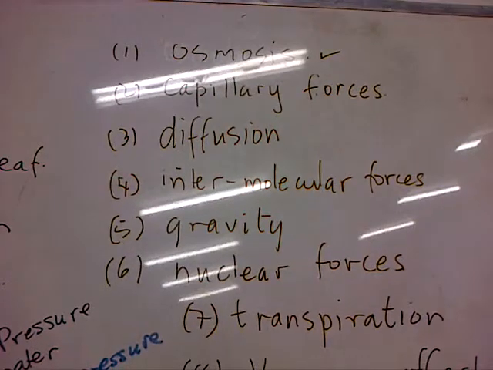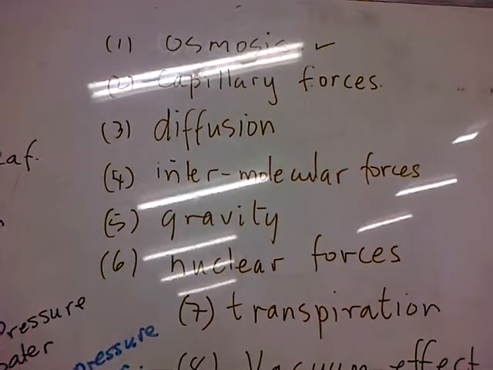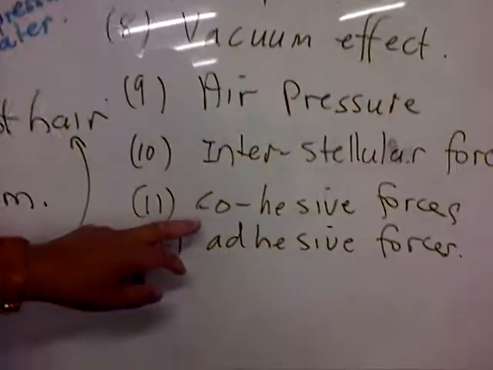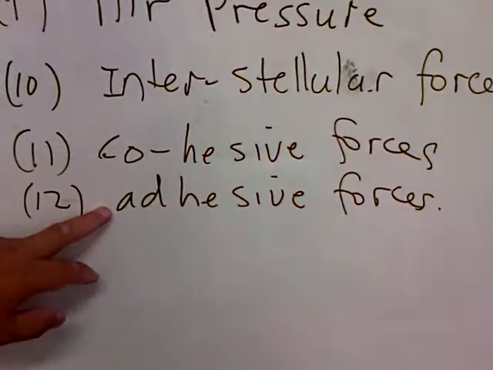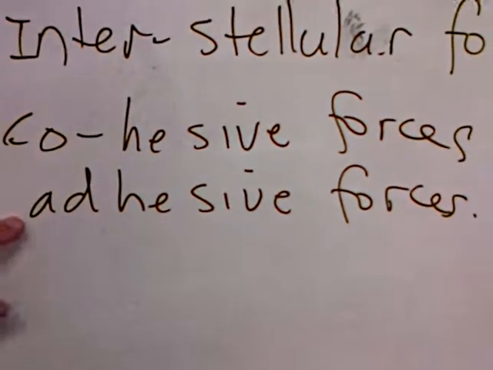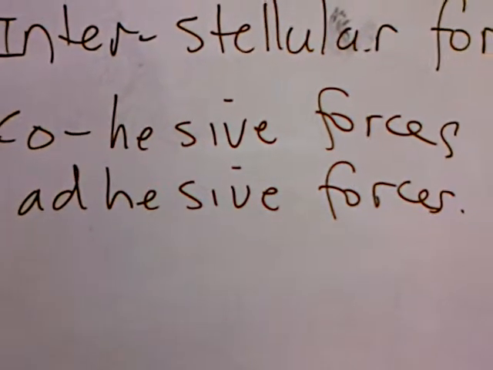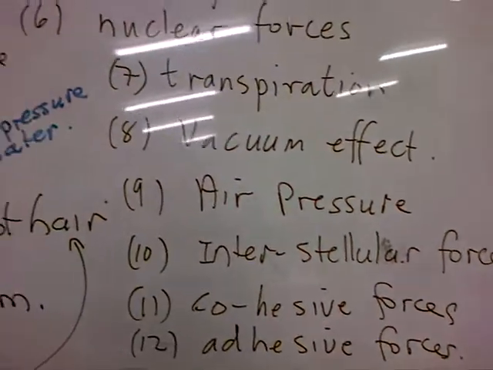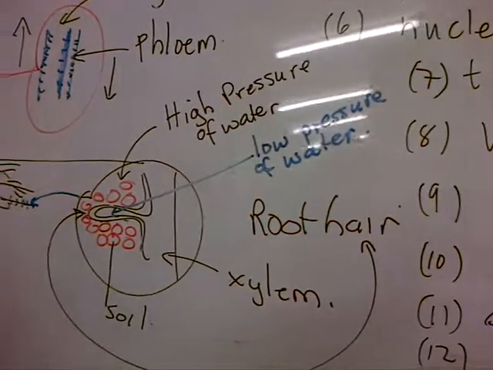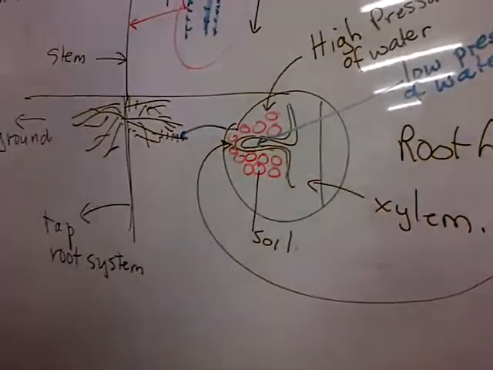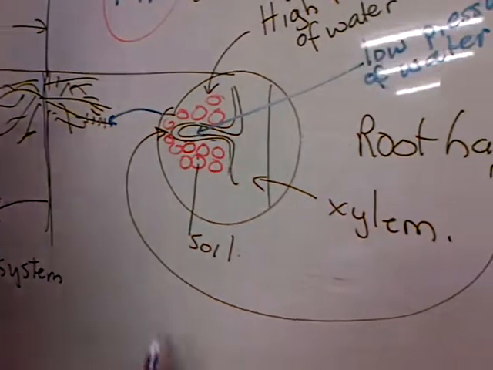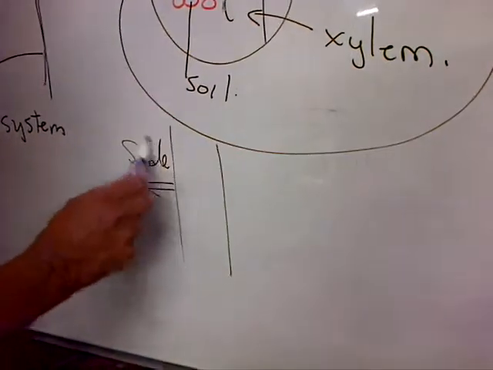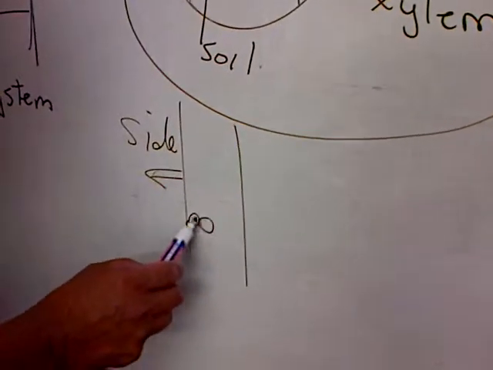And the reason why it can do that is because of adhesive forces. Adhesive forces means the force between two different kinds of molecules: the molecules of the xylem tube and the molecules of the water. This is the side of the tube, and this is the water climbing up.